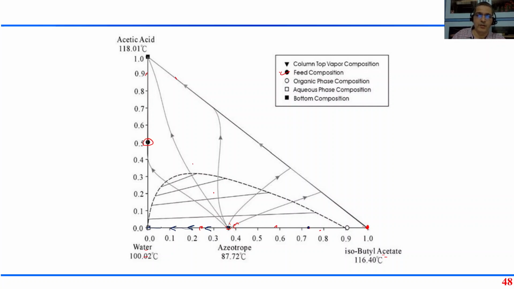So in the second column, I still have 99.3% water, 0.7% butyl acetate, but butyl acetate is costly, I don't want to lose that. So if I distill this mixture, I will still get the azeotrope at the top and pure water at the bottom.